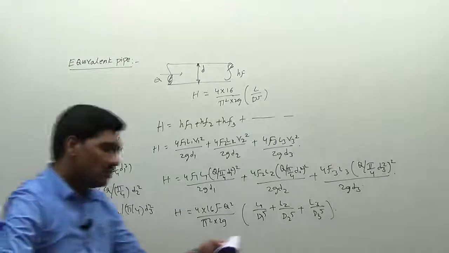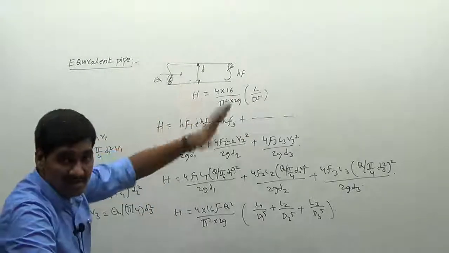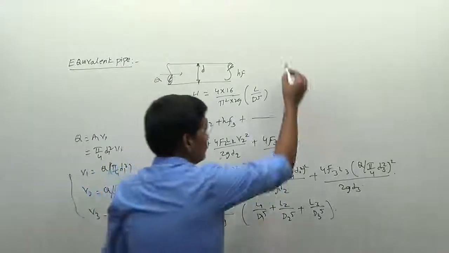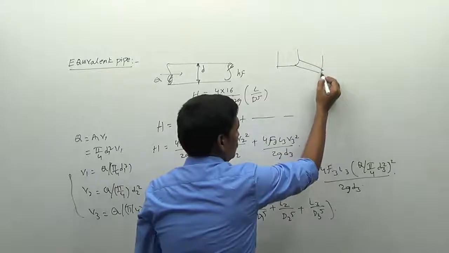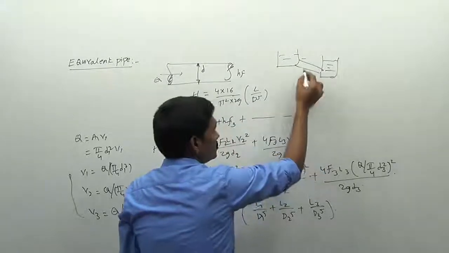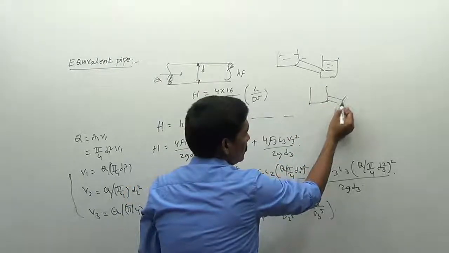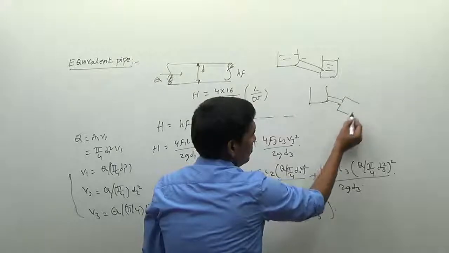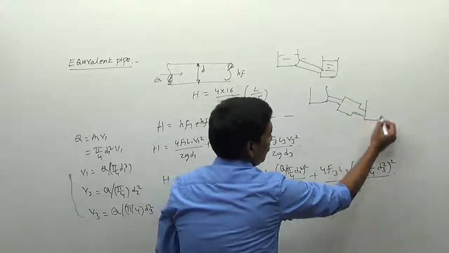Since H is the difference between two reservoir levels, I am taking this tank here, connected with one more reservoir tank. If this is the pipeline, we have an enlargement and a contraction, and we are connecting with a pipeline.